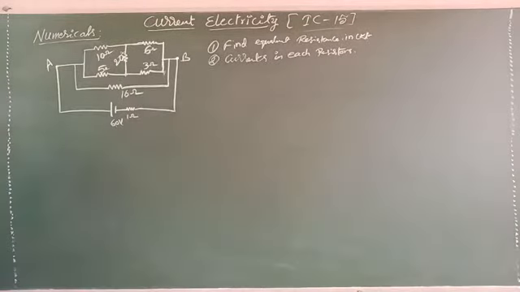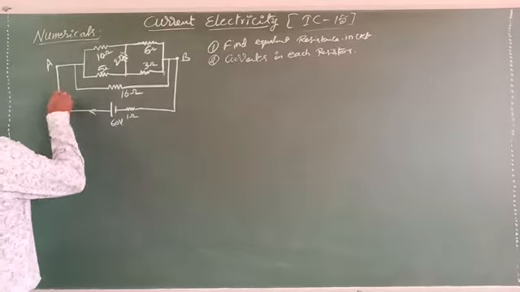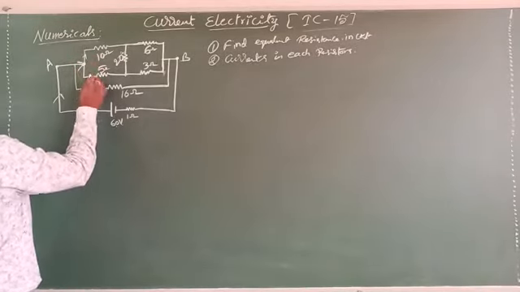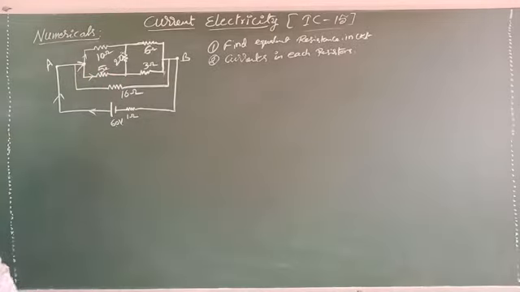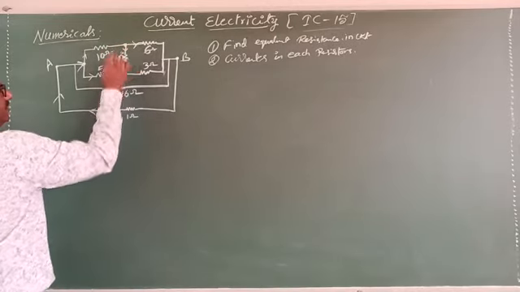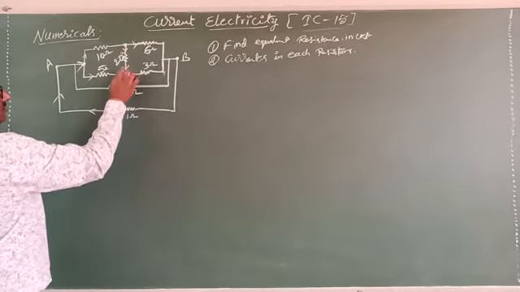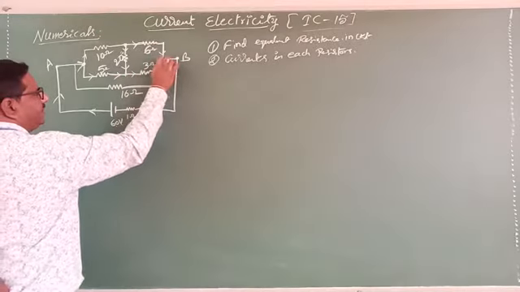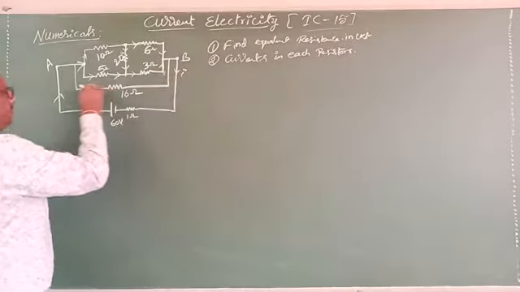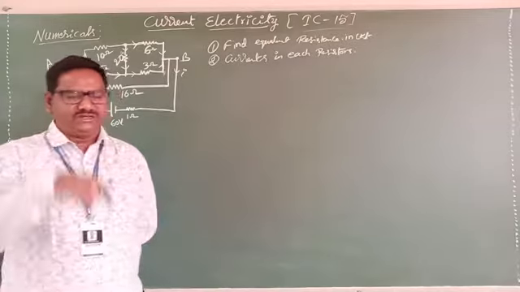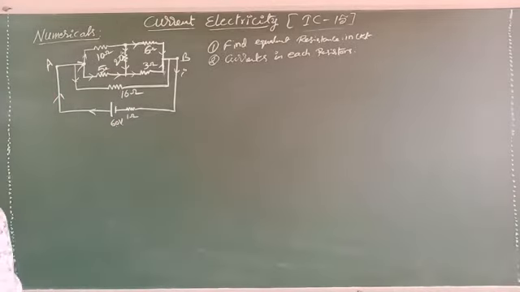Now here they gave 60 volt. The current will pass here and it will come here at this point. Again it will split into 2. Okay. Then it will come here and split again, and these two add and pass through, and it will meet at this point and come again through here. Here also it will split. What the current splits, it will come again as the same to the negative terminal of the battery.